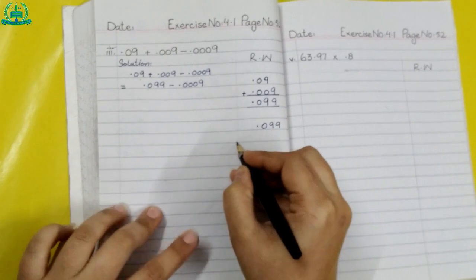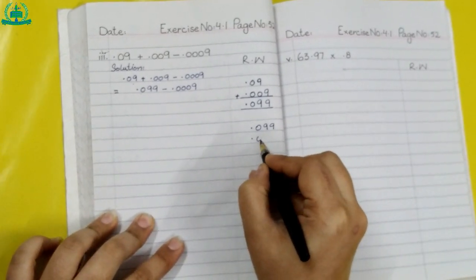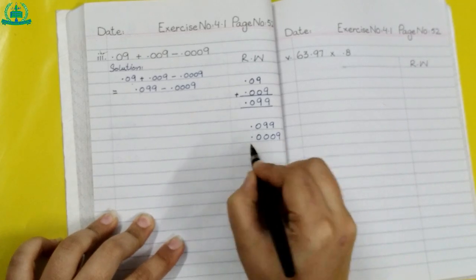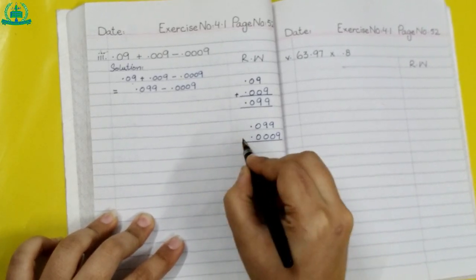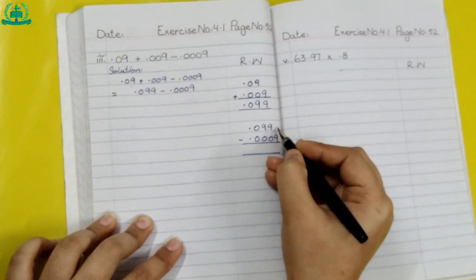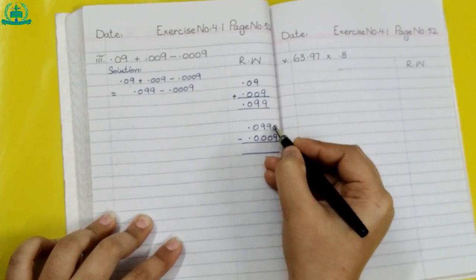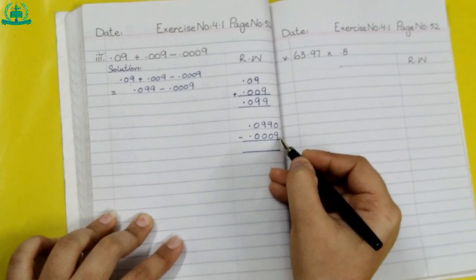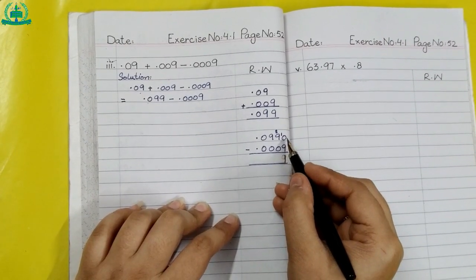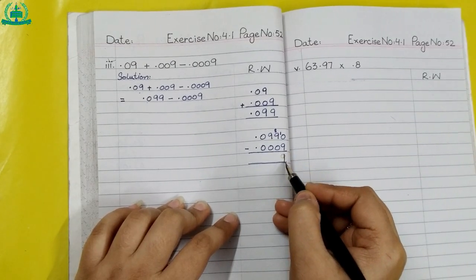0.099, 0.0009. We put 0 to balancing the digit. We cannot subtract 9 from 0. Borrow 1. 10 minus 9, 1.